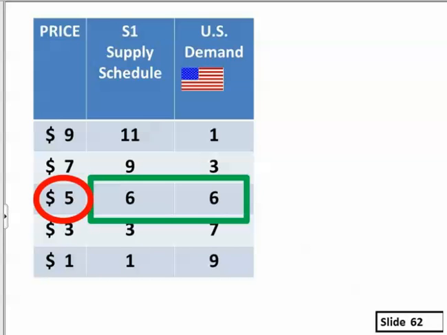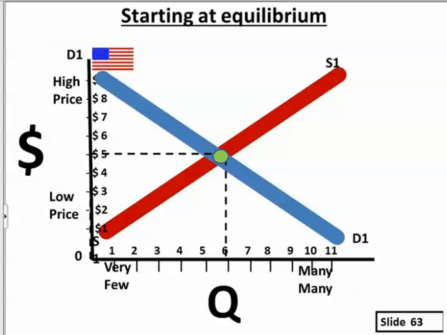Okay, let's go a step further and use an example that's somewhat similar to an assignment question that you're going to have. We're going to assume that we have an equilibrium price of $5 and the suppliers are willing to supply 6 and the United States consumers are willing to buy 6 at $5. So we have a demand curve, and notice I put the US flag next to the D1 curve.